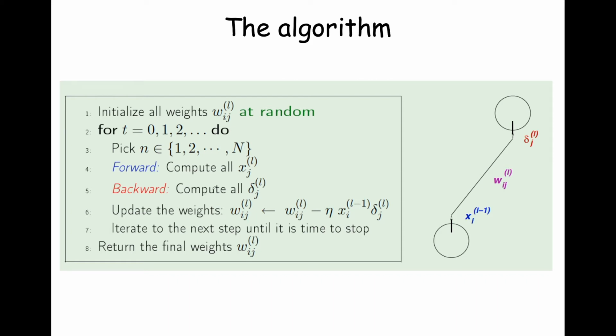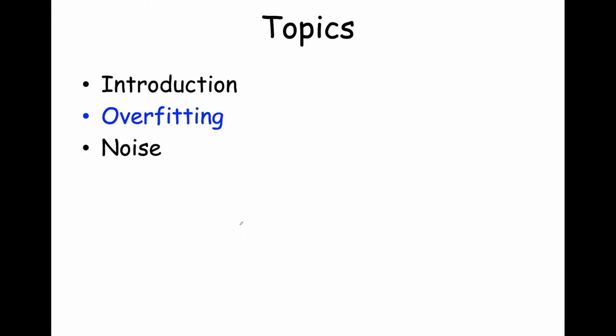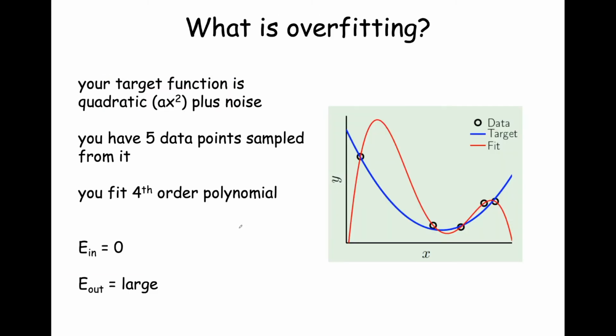And then we update our weights using our step size and the gradient that we compute in this fashion. And we keep iterating until our convergence criteria is reached. Either we've expended some number of rounds or we find that the error does not change very much. All right. So let's continue on to overfitting.